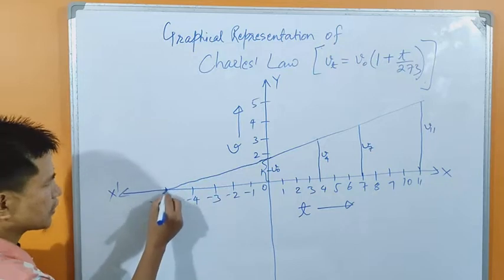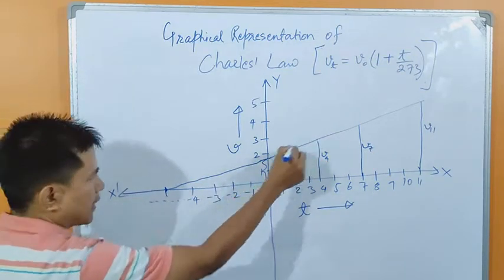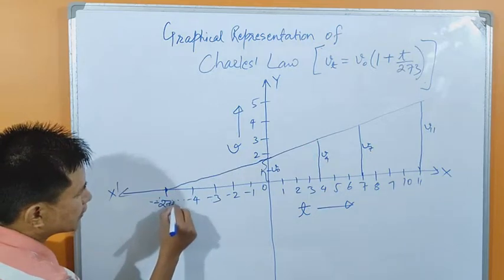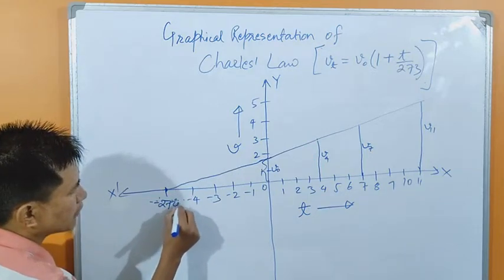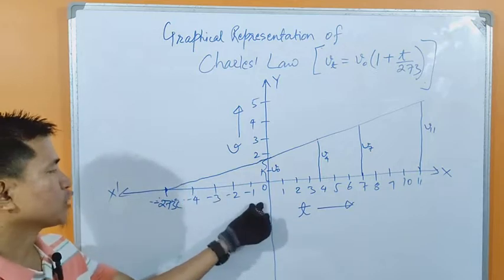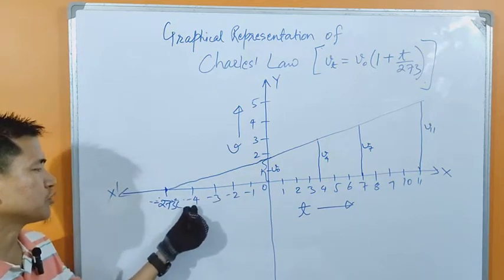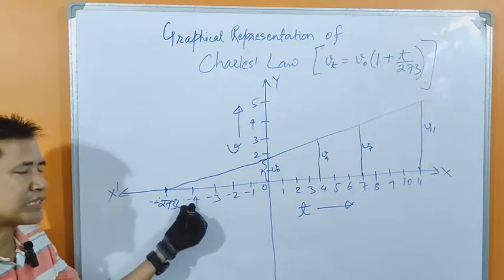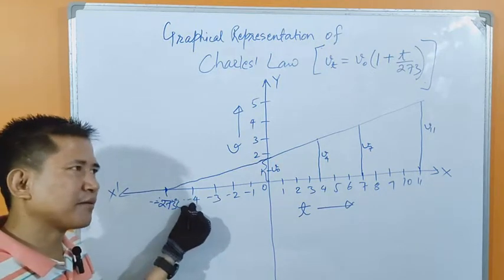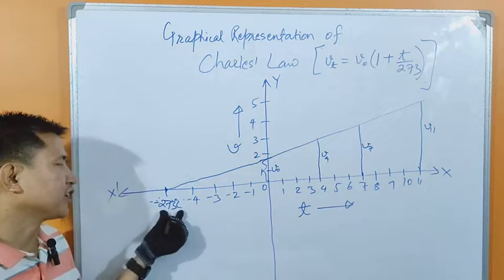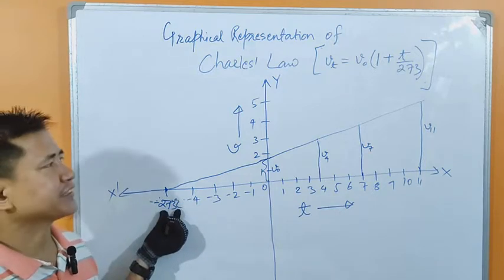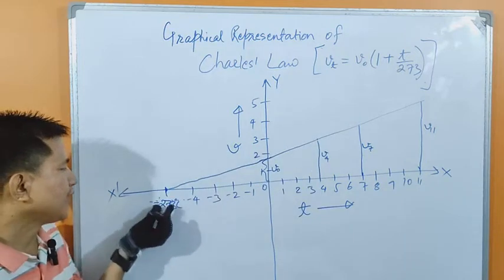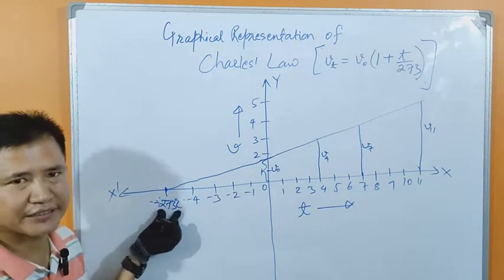And this point, where this line meets, is at minus 273 degrees Celsius. Minus 1, minus 2, minus 3, and so on, there are many numbers, minus 10, minus 11, minus 12, and finally comes minus 273 degrees Celsius. This line meets the x-axis at minus 273 degrees Celsius.